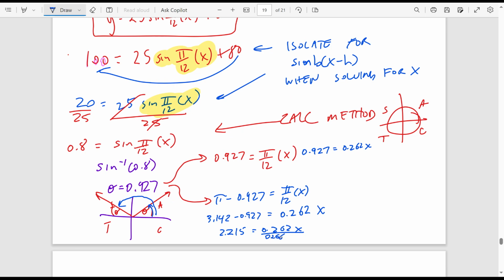We're still going to divide by 0.262 on either side, and get an answer of like 8.45.